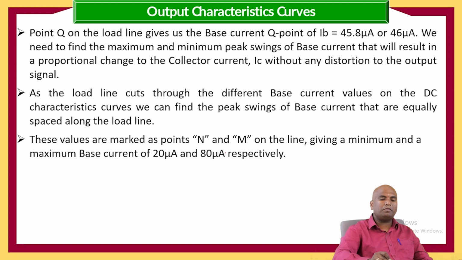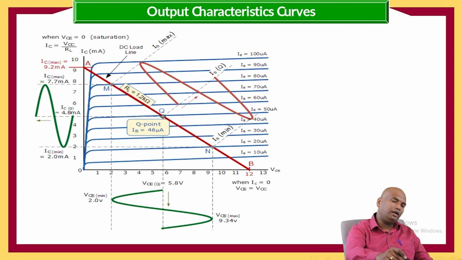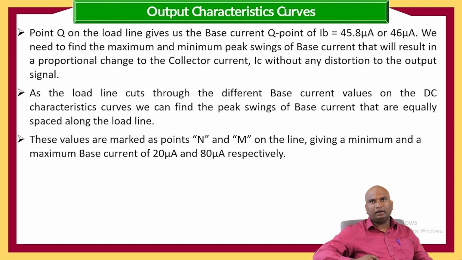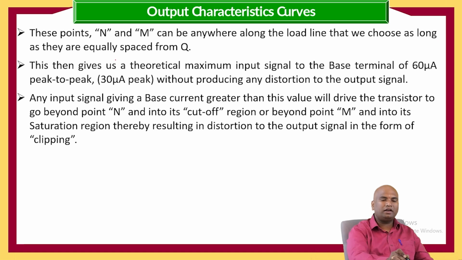These values are marked as N and M on the line, which give the minimum and maximum base current of 20 microamperes and 80 microamperes respectively. Here these points N and M can be anywhere along the load line that we choose, as long as they are equally spaced from Q.